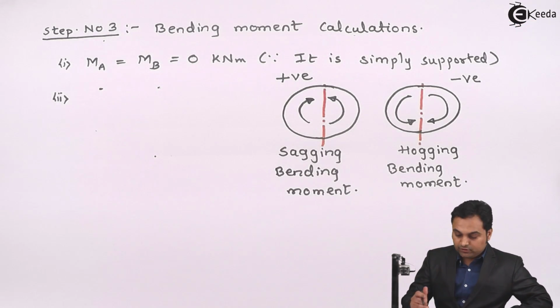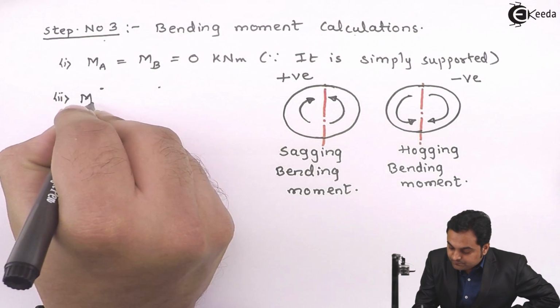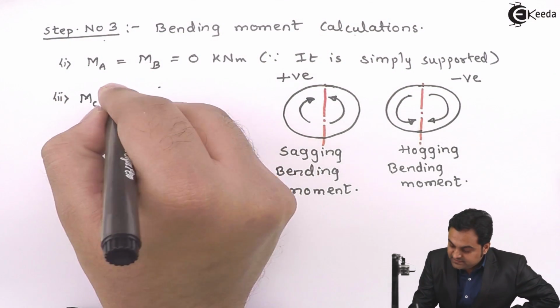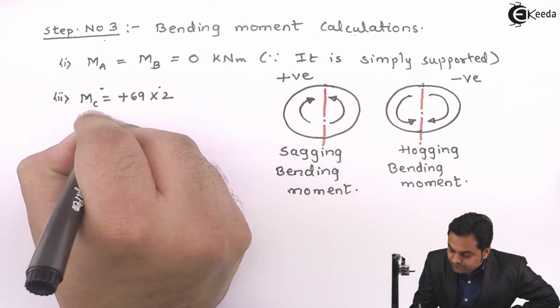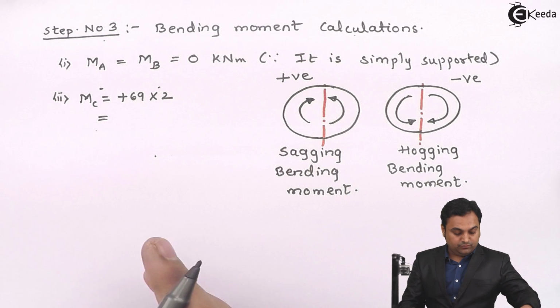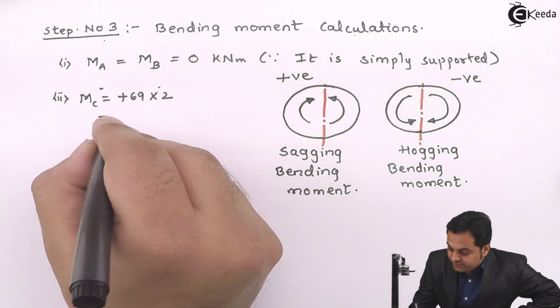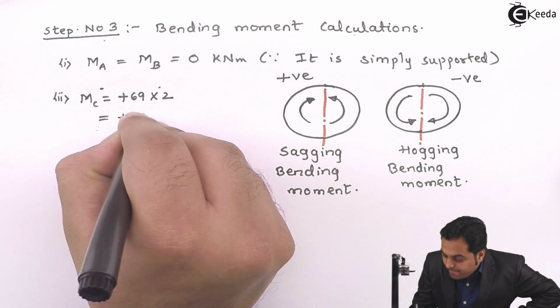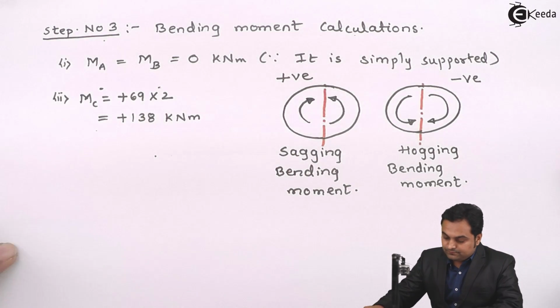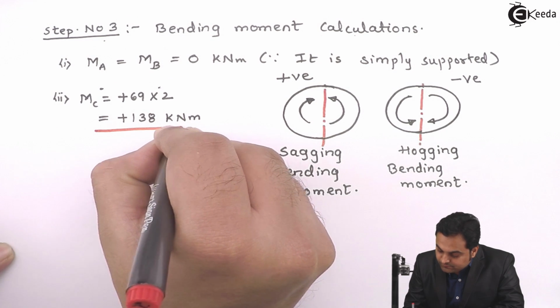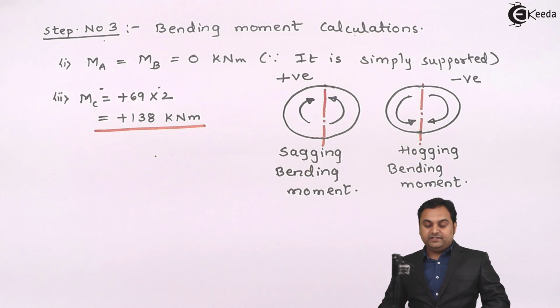So therefore moment at C will be equal to plus 69 into 2, and this value comes out to be plus 138 kilonewton meter. So this is the value of moment at C.